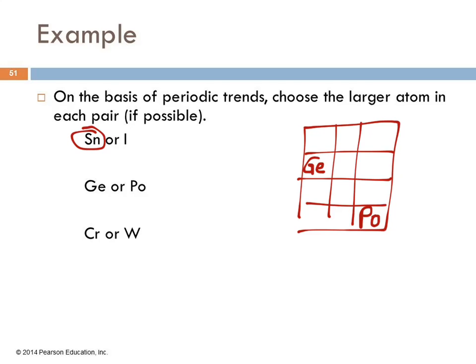So if we're going across, polonium falls to the right, and that would predict that polonium would be smaller, right? If we're not considering vertical, we're just looking horizontal. If we're doing the vertical, polonium is predicted to be larger or smaller than germanium? As you go down, it gets larger. So there are conflicting trends here.